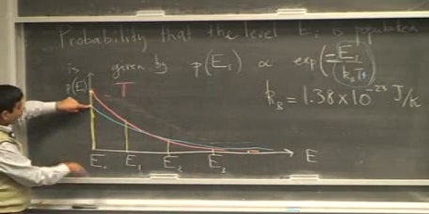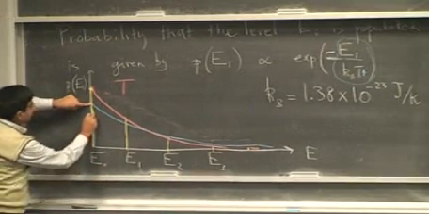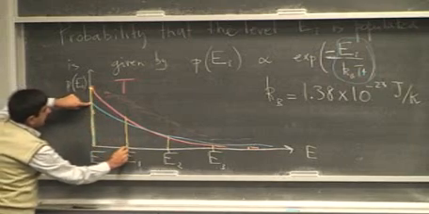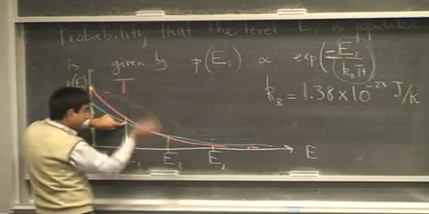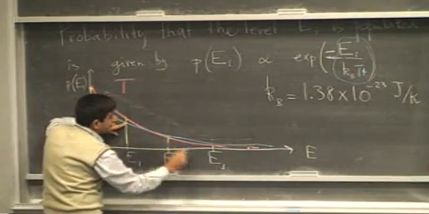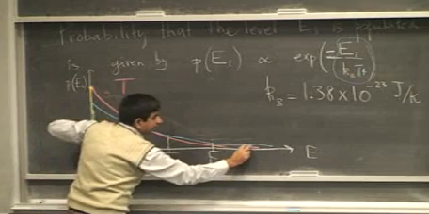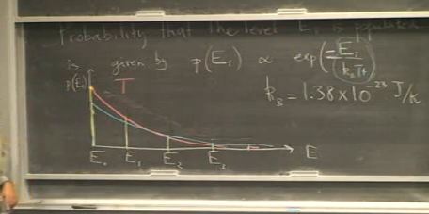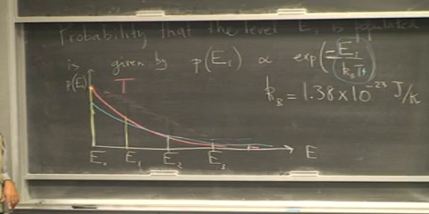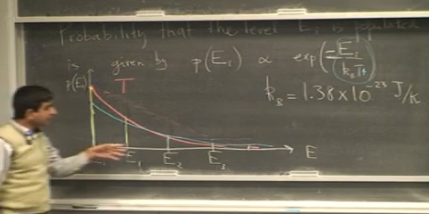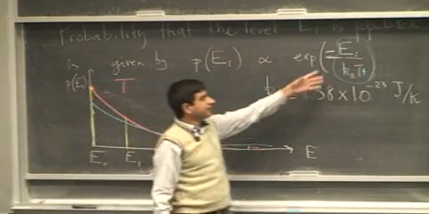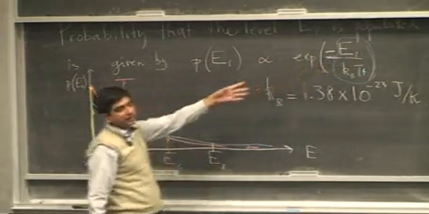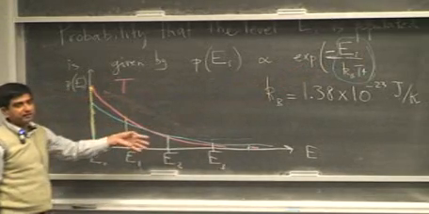So the probability of occupancy of the first level goes slightly down. The probability of occupancy of the second level is still smaller than the previous case, but then it starts to rise. You can't be sure, because I don't have numerical values of T and E right now, but if I do have the numerical values, I can draw a curve with certainty.